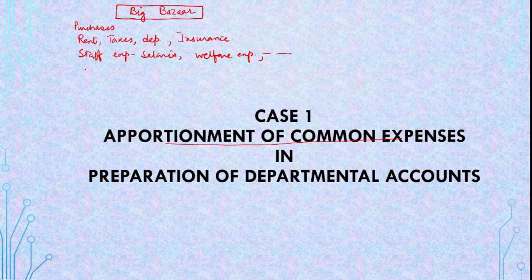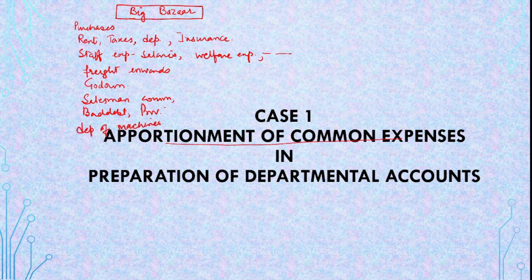You are maintaining a godown, so godown charges are there. To the salesman, you are giving commission or salary. You might be having bad debts, so you might be interested in creating a provision for bad debts. You have depreciation of machines or equipment, like in Big Bazaar, which machine is there?